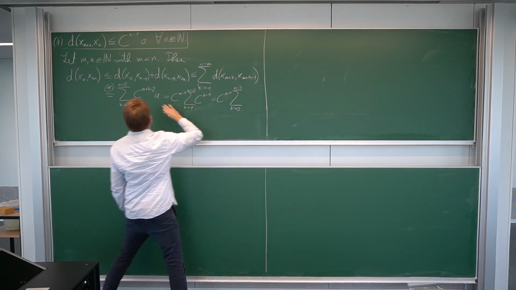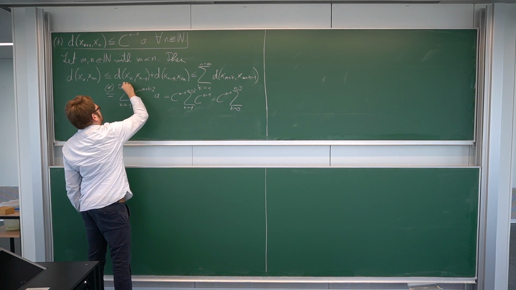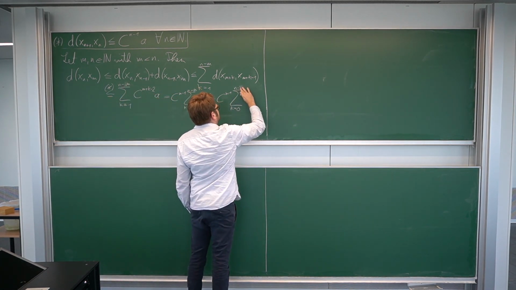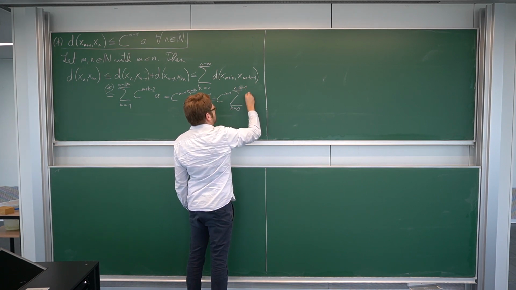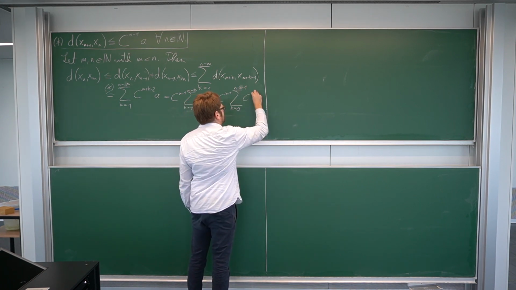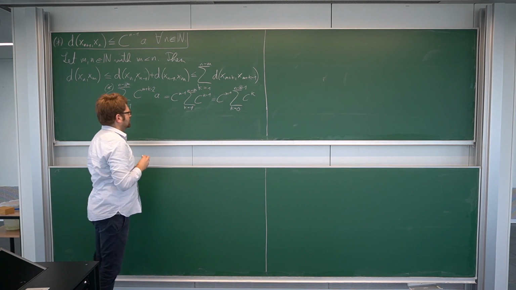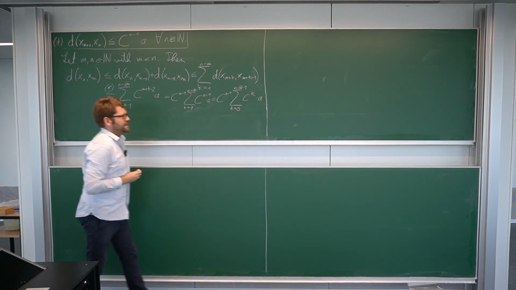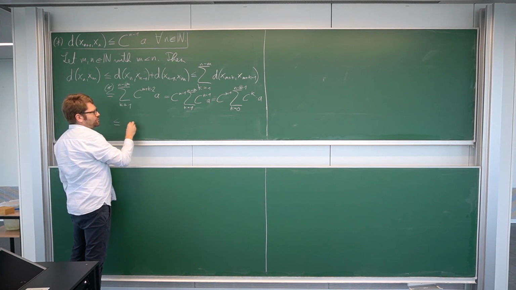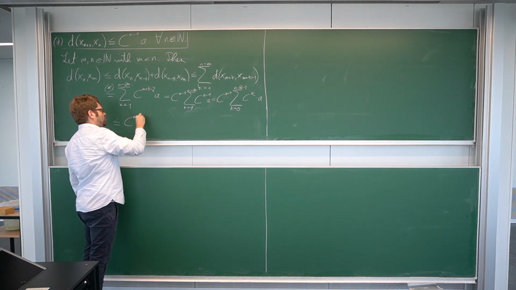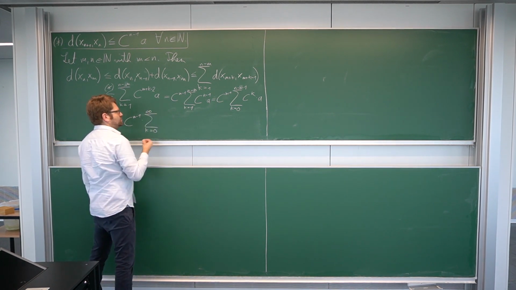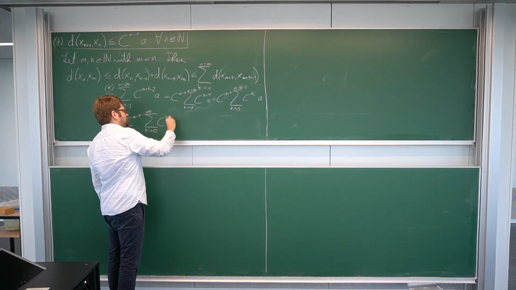Well, why have I 2? n minus m, I'm sorry about that. It's just n minus m, and so here it's n minus m minus 1, c to the k. But since k is a non-negative number, this is smaller than or equal to c to the m minus 1 times the sum k from 0 to infinity, taking the whole series, c to the k times a.